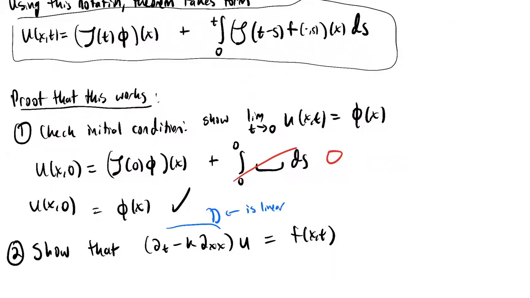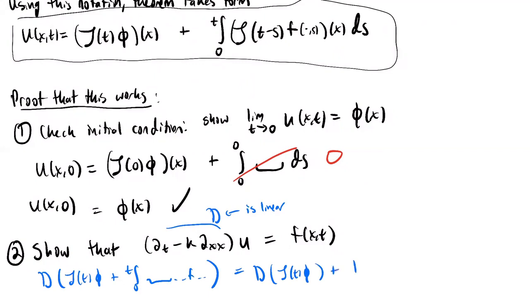Well, notice that this operator D is linear. So let's just look at this. Let's say I apply D to the first term, which is the solution operator at t applied to phi, and then the integral of these terms that involve f. Since this is linear, I can break this up as differential operator applied to the first term plus differential operator applied to the second term, right?